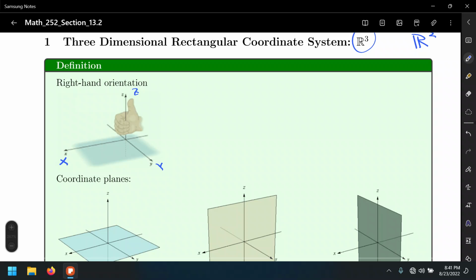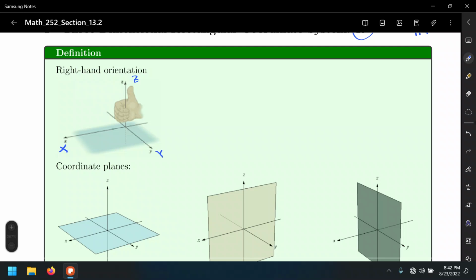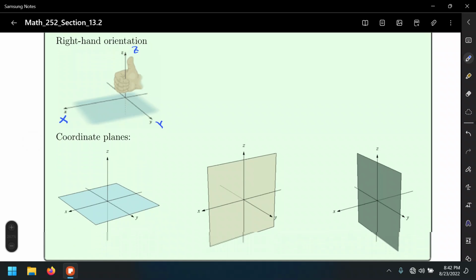And if it's upside down, that's where the negative y-axis is going to be. This will be very important in the next section when we do the vector product, the cross product. You'll see that.